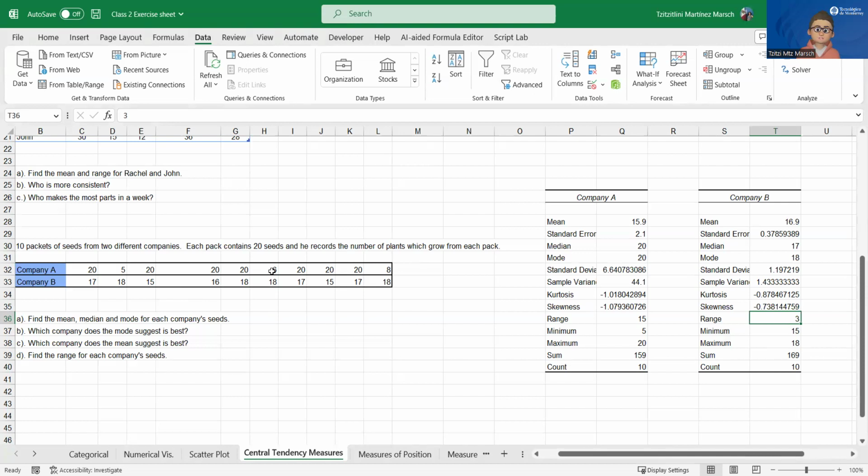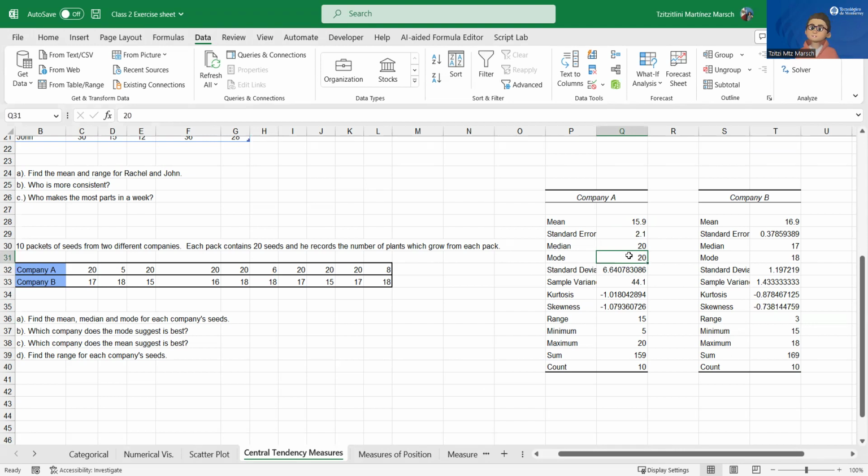Looking at the 20s, it is actually telling me that there are some packets that might be faulty. Something might have happened with the dirt, but they are extreme. So they are hitting my mean, I'm sorry, but my median and my mode is 20.